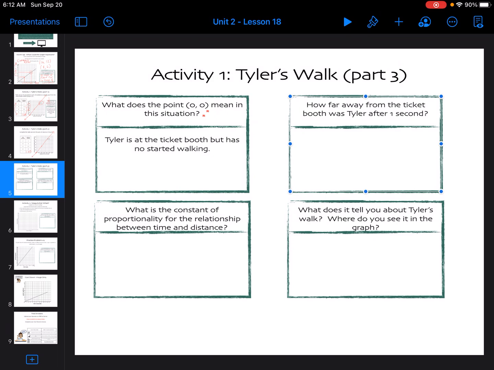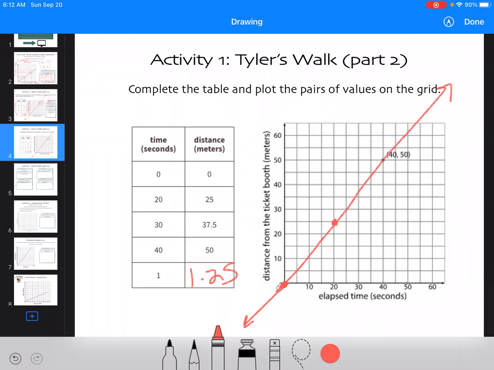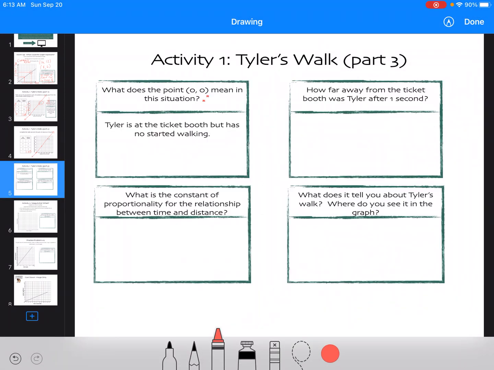How far from the ticket booth was Tyler after 1 second? 1.25 meters.